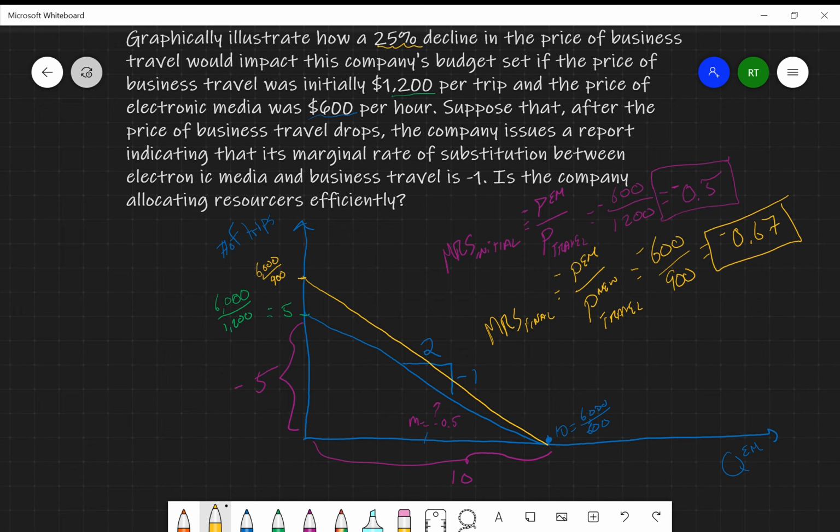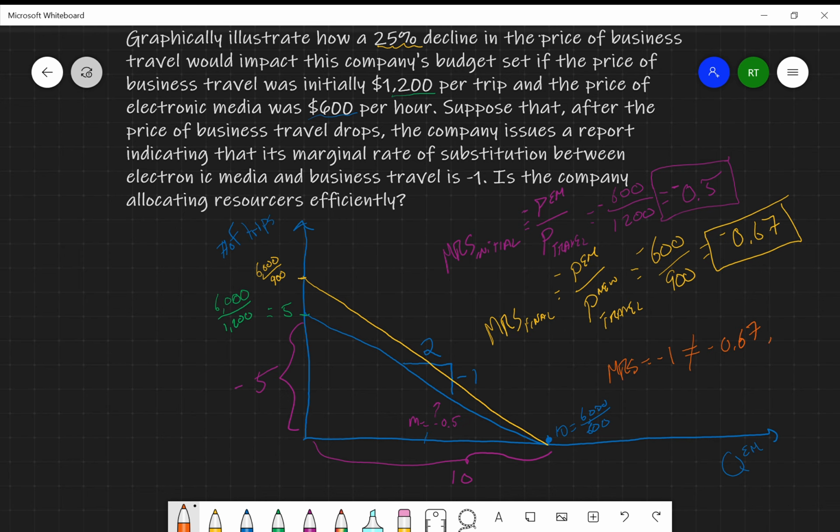And now we're told that the marginal rate of substitution between the two is -1. So are they allocating their resources efficiently? An MRS that's -1 does not equal our new MRS that's -0.67.